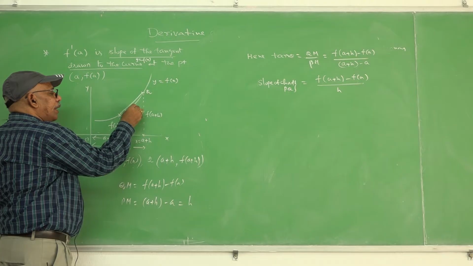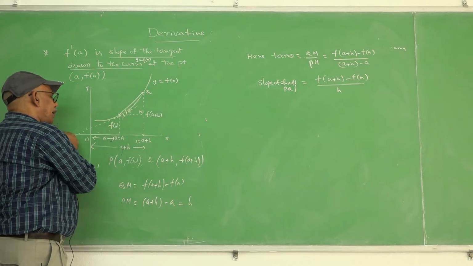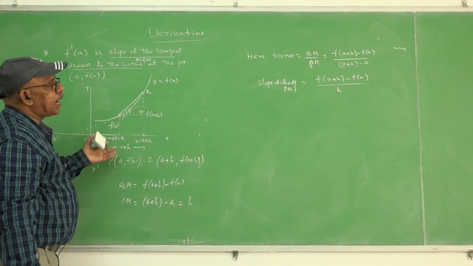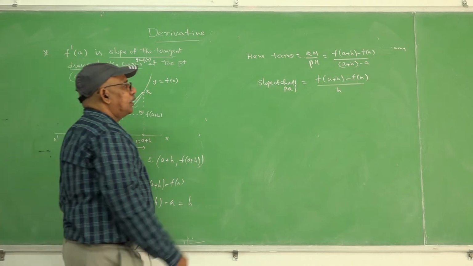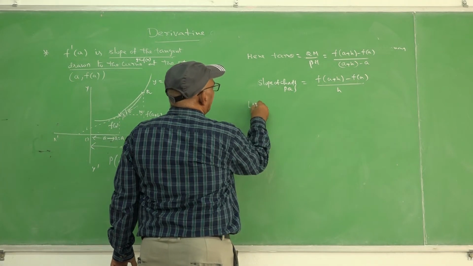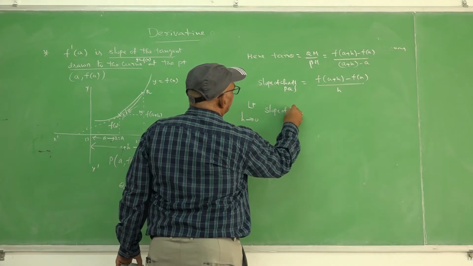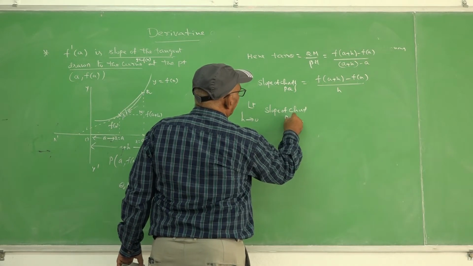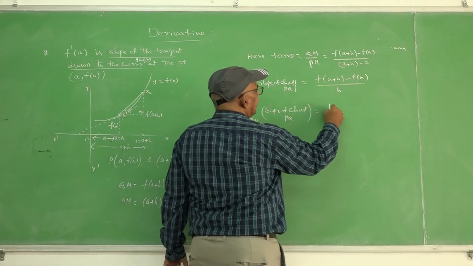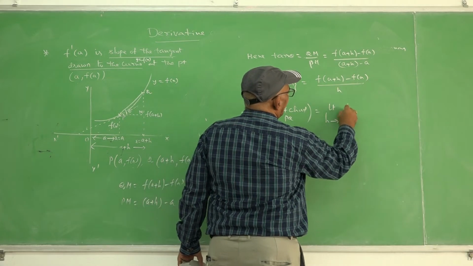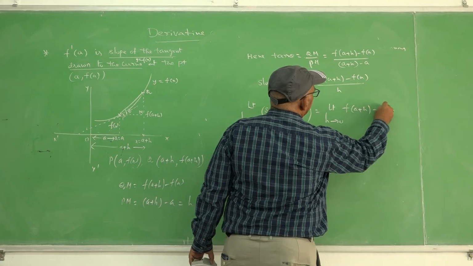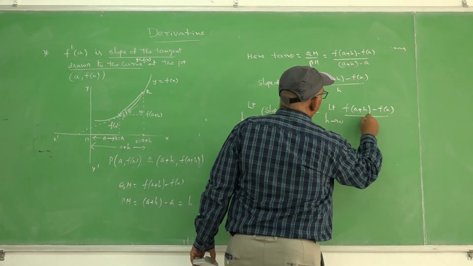In such a way, the chord becomes tangent at P as h goes to 0. So, the limit as h goes to 0 of the slope of chord PQ is the limit as h goes to 0 of f of a plus h minus f of a by h.